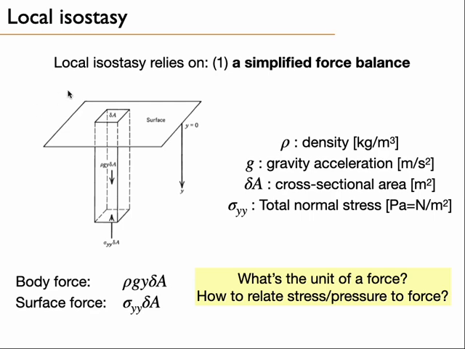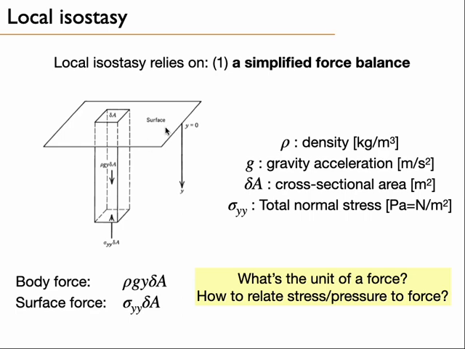So let's have a look at this simplified force balance. In this sketch, you have a column here of material. This will be our iceberg. It's sticking out of a surface, which would be the surface of the water, and it's extending down to a certain depth. So we have the density of the material, rho, which will matter, if it's density of rock or density of ice or density of water.